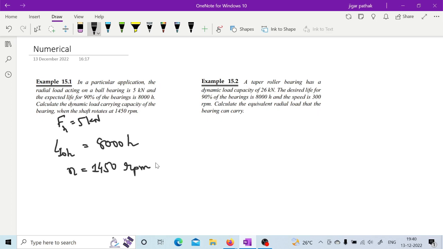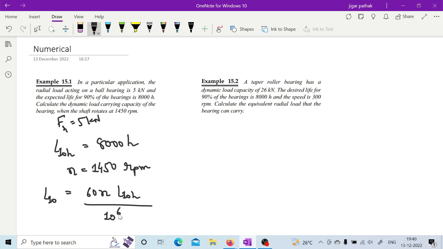Now from this you can calculate the L10 life in millions of revolutions. As we have seen last time, L10 is nothing but 60 n L10H upon 10 raised to 6.